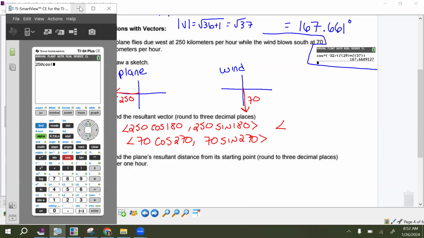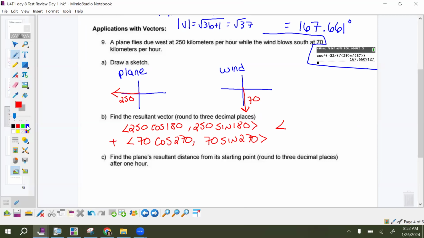I'm actually not using the calculator yet. I know that cosine of 180 is -1. So this is -250. Sine of 180 is 0. So this is 0. Plus cosine of 270 is 0. Sine of 270 is -70. This is faster than typing it in the calculator. You could actually type it and have no problem, and you would get -250, -70.